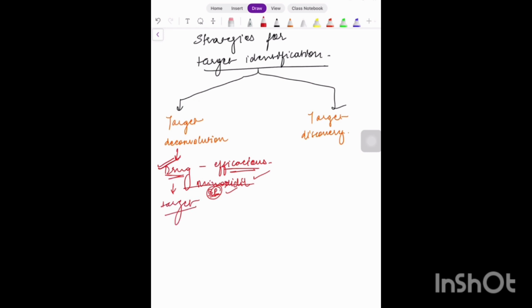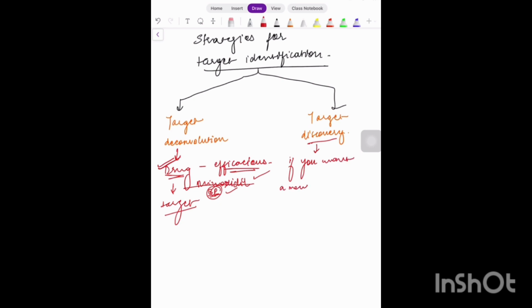So this is one approach, and the second one is target discovery. So as the word says, we are discovering the target. So this approach works on the concept that if you want a new drug, you must find a new target. So this is like, what do you say, a line that is like a mission or vision.